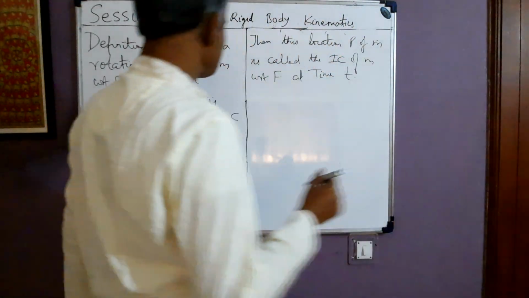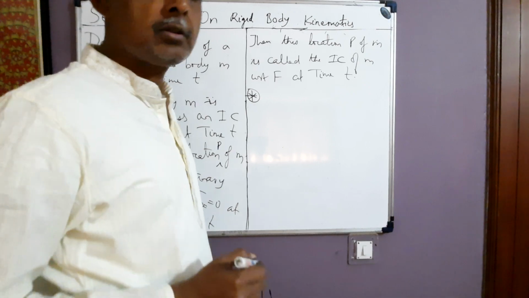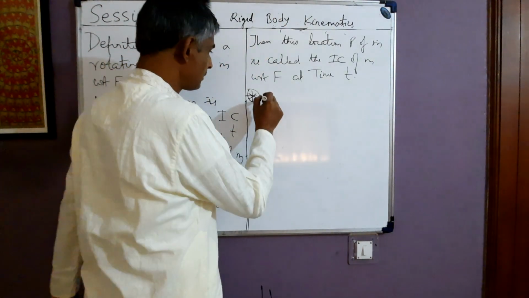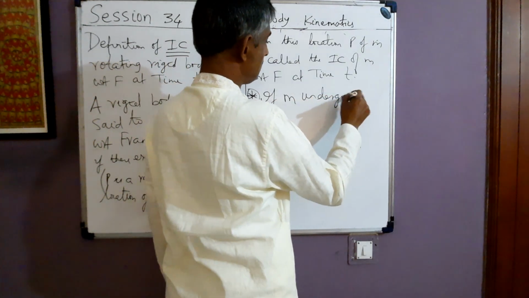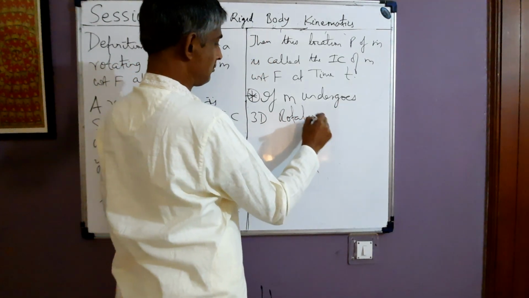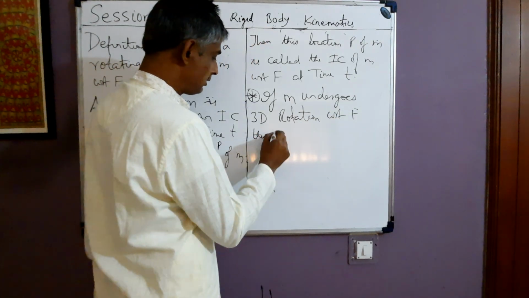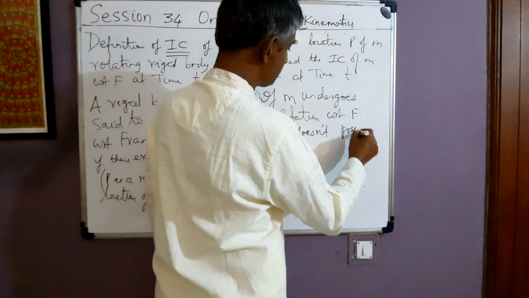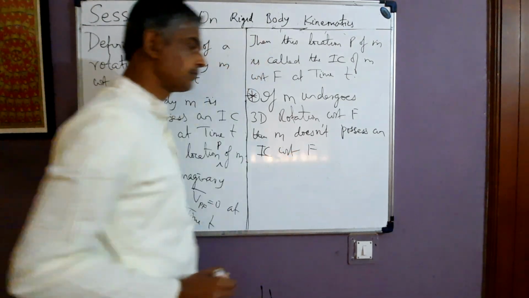Now first of all I would like to say that if M undergoes 3D rotation with respect to F, then M doesn't possess an IC. This point I would like to make clear.